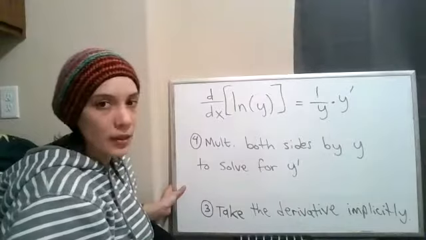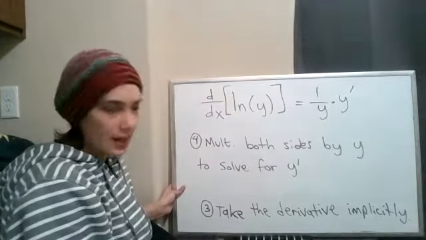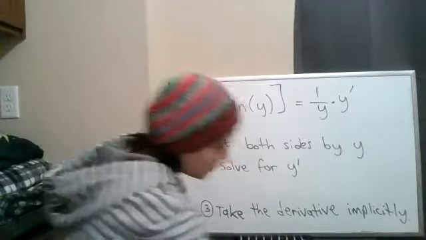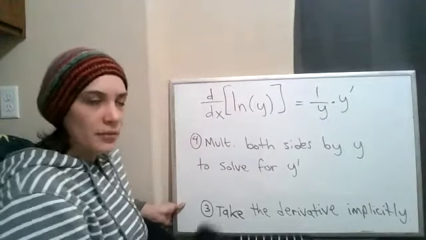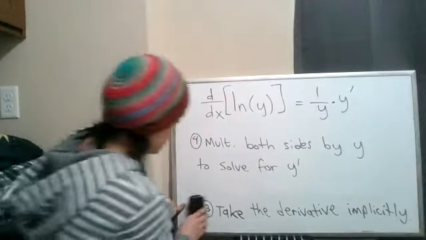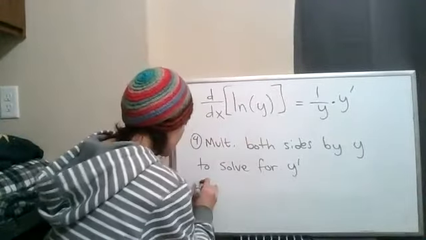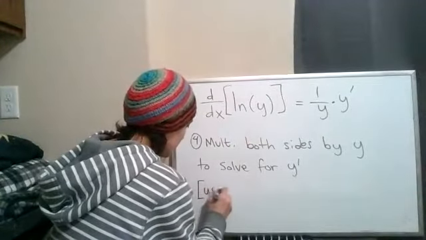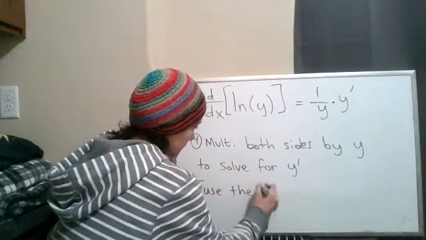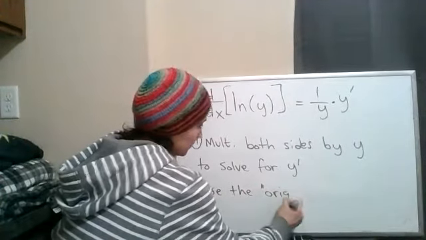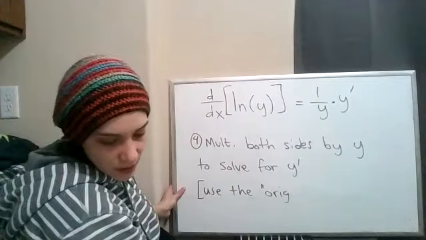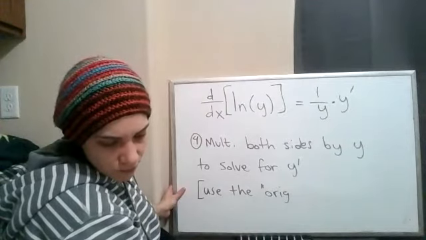Okay, and then a note: use the original y, or at least make sure your answer is back to the variable that you started with. All right, I didn't write it down.